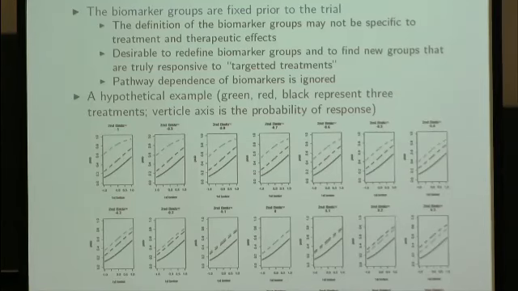So the message is that if your biomarker group is based on the definition of the first biomarker, it's not going to do anything in your trial to differentiate the patient response, because it doesn't matter how the first biomarker changes, the order of the therapeutic effects from these three treatments is the same, the green one for a given second biomarker value.